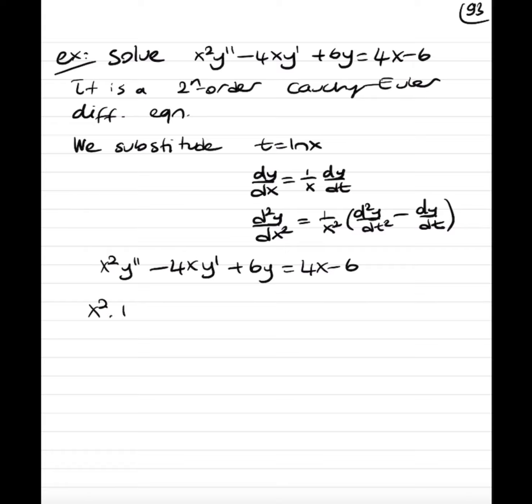So we have x squared times 1 over x squared, minus 4x times 1 over x dy over dt, plus 6y is equal to 4x minus 6. So we don't want any x terms. What is x?